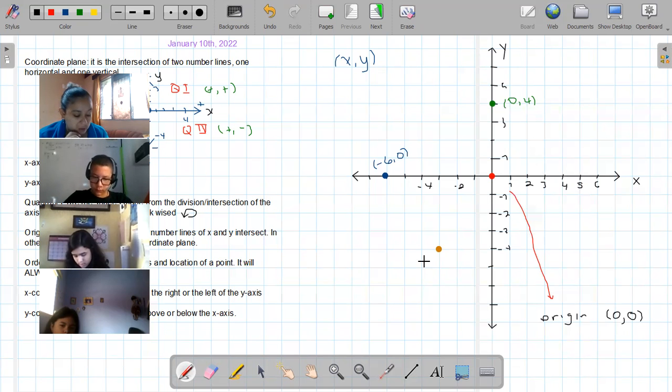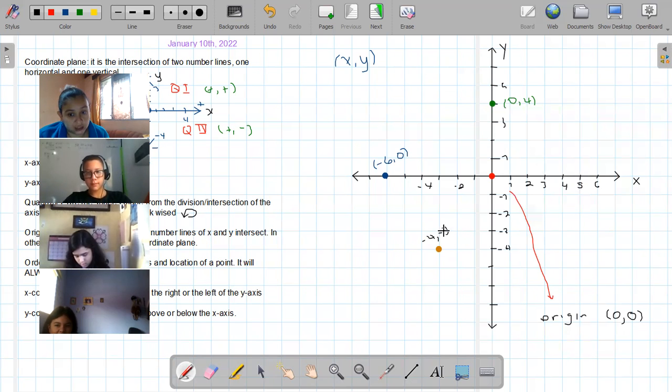Negative 4 and... No. Negative 4, comma, negative 3.